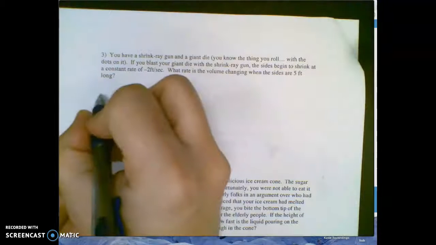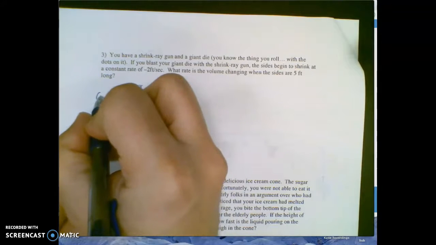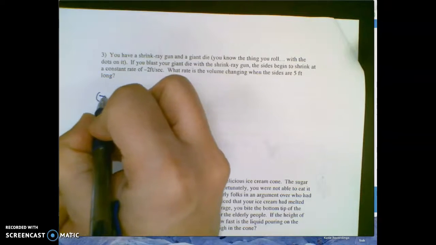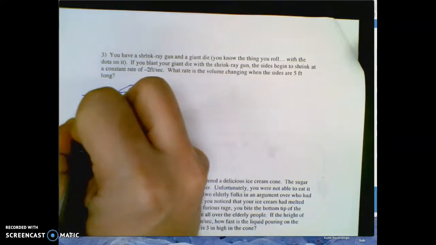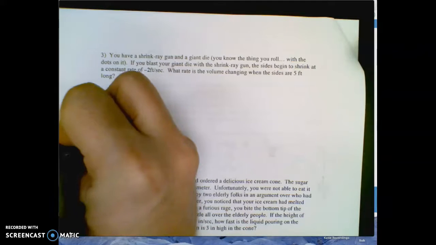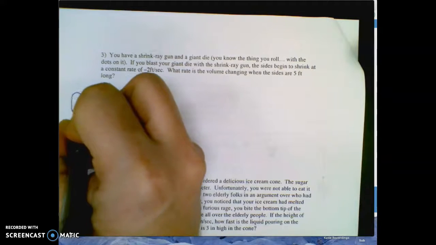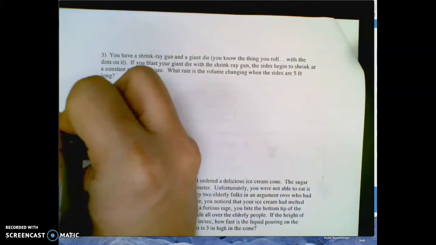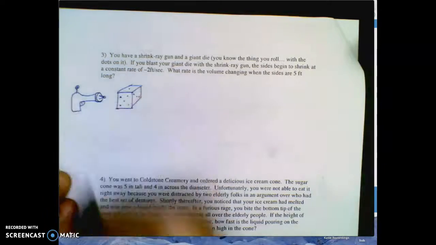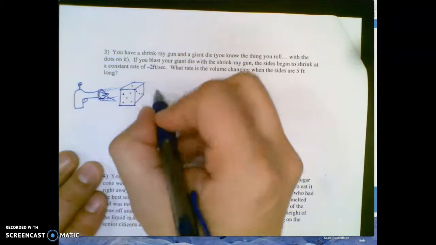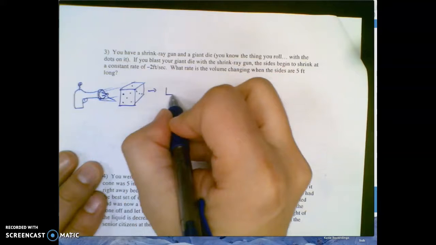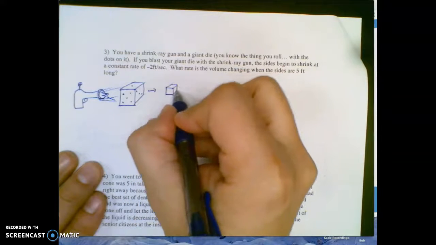Okay, and we have a shrink ray gun. Clearly, we'll make it look kind of like this. Anyway, here's our shrink ray gun. All right. So we're blasting, and then it turns into a little guy. Well, it constantly shrinks.